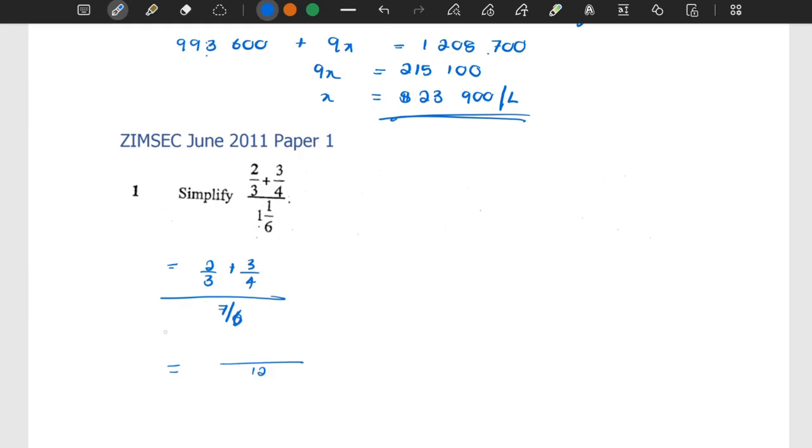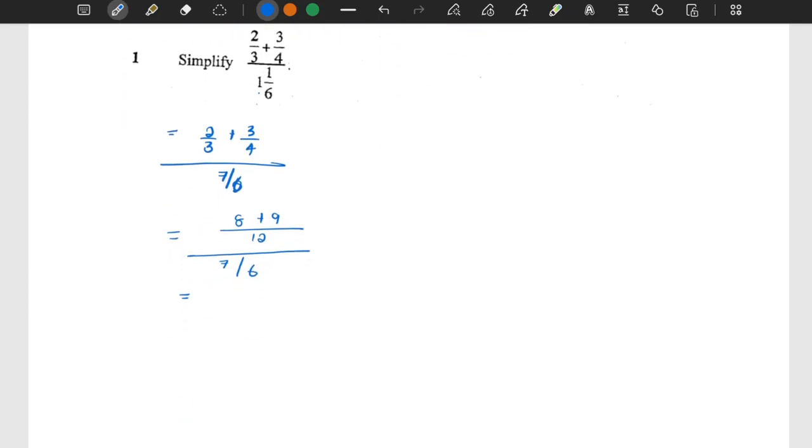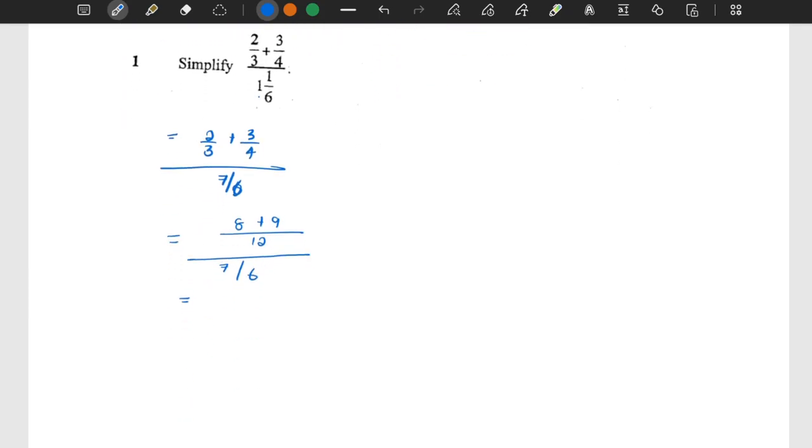3 into 12, that's 4 times 2, that's 8. Plus 4 into 12, that's 3 times 3, that's going to be 9. Everything over 7 over 6. Simplifying that, 8 plus 9, that's going to be 17 over 12 over 7 over 6. When you're dividing fractions, you invert the one that's in the denominator and multiply.